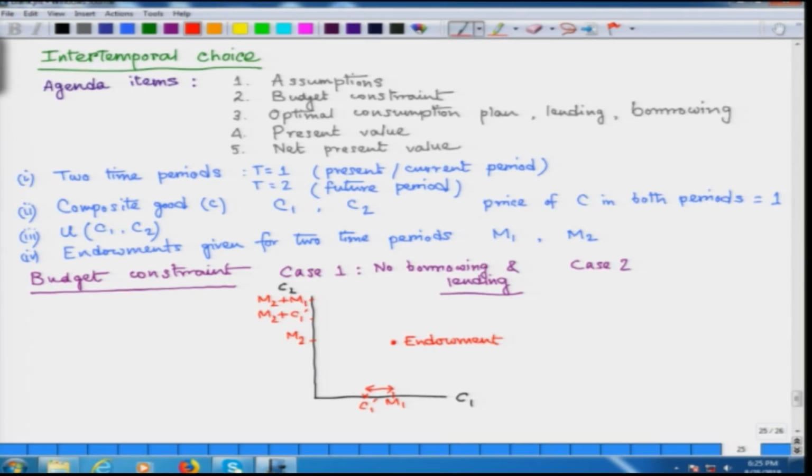So, if the consumer transferred the entire amount of money income M1 from period 1 to period 2, he or she will consume M2 plus M1 units of consumption good in period 2.